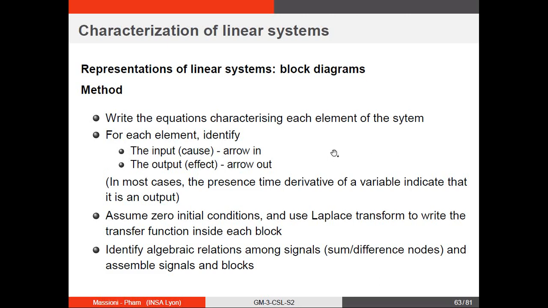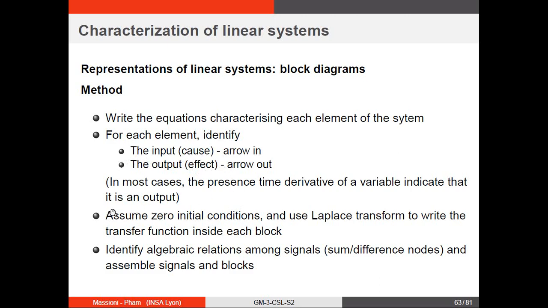In most cases, if you have a variable which features a time derivative, so if your equation has time derivative of something equal to something else, the output is most likely the variable with the derivative. So we'll see some example later. Because the causality goes in that sense, okay? So the variable for which the derivative appears is most likely the effect of the other variables. So it is most likely the output.